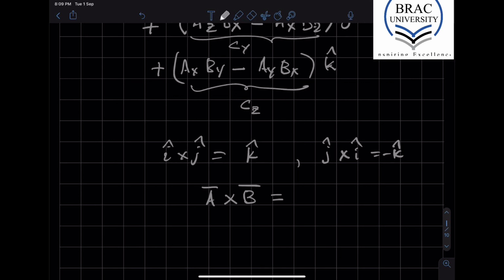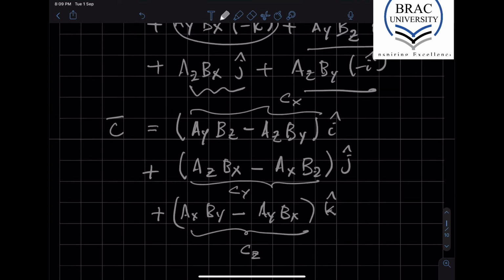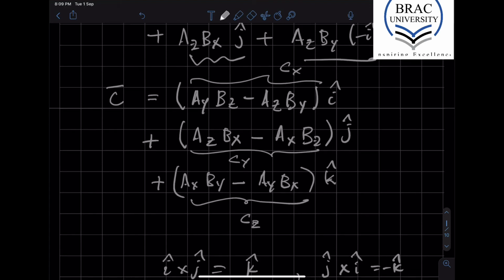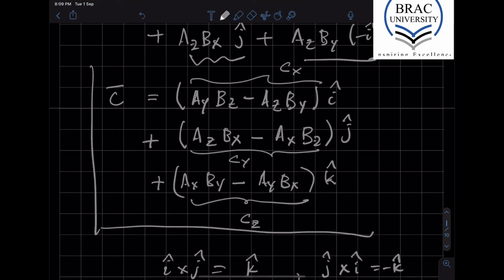So A cross B is minus B cross A. If you think about it a little bit, this also explains why we took the angle theta to be between 0 and pi, and what to do in case the angle is larger than pi. So this is how you calculate the cross product in a Cartesian coordinate system.